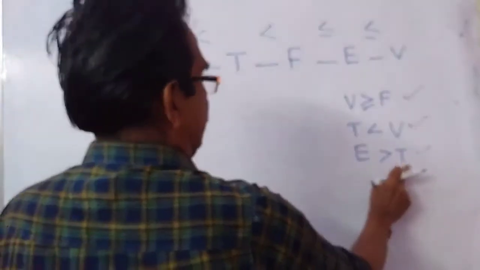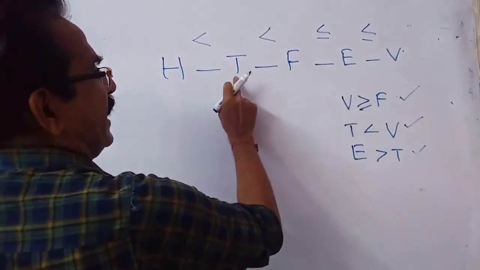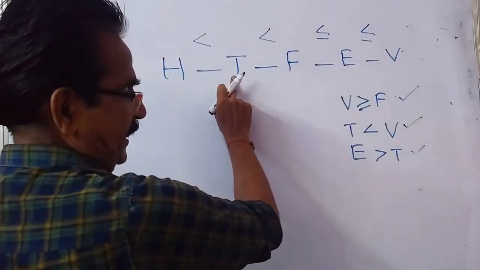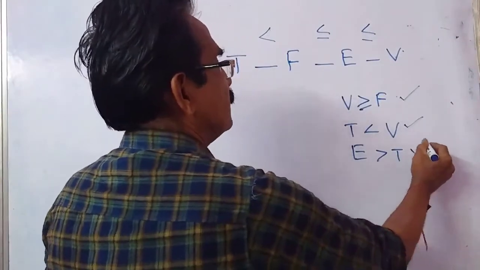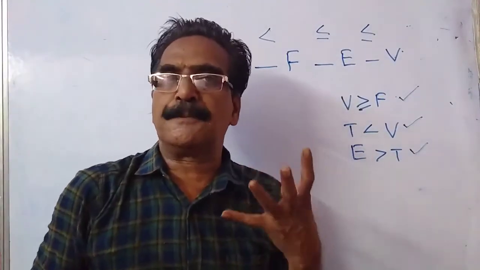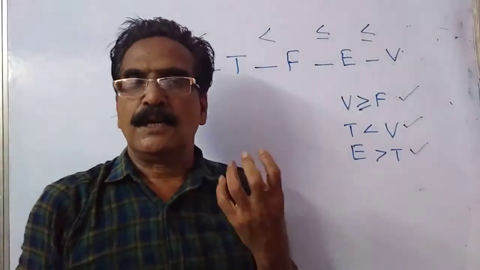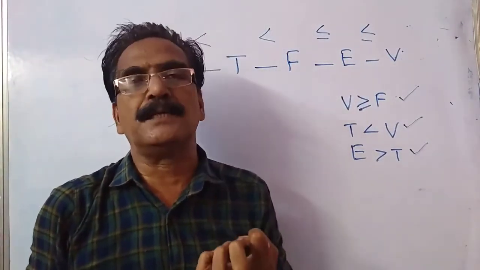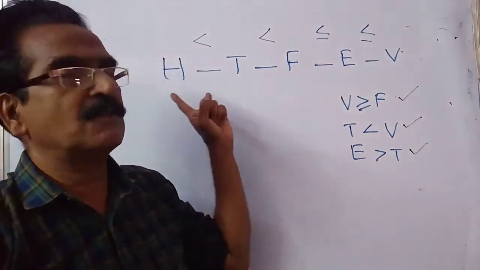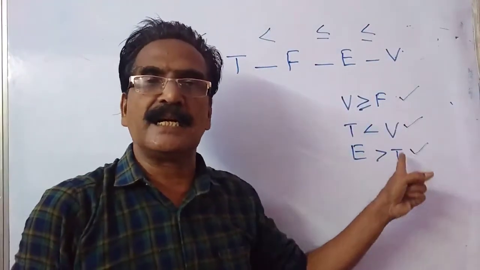Next, E greater than T. Nice. This is also true. So the symbols given in the second option also satisfy these three conclusions.